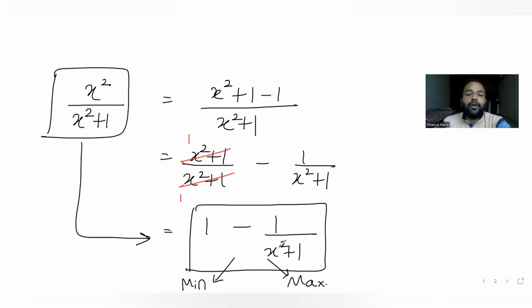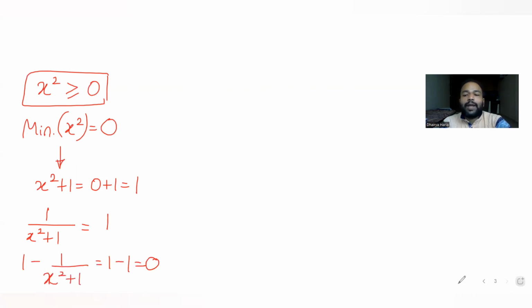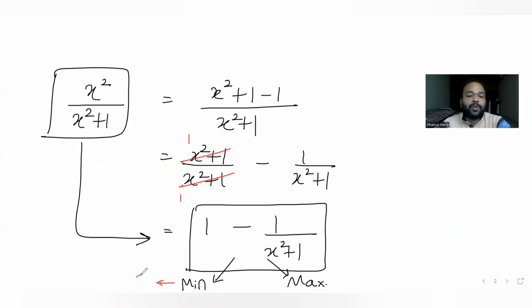And here, 1 upon x square plus 1 is equal to 1 upon 1, which is 1. So 1 minus 1 upon x square plus 1 is 1 minus 1, 0. I get the minimum value of this entire expression as 0, so it will be equal to 0 or greater than 0.